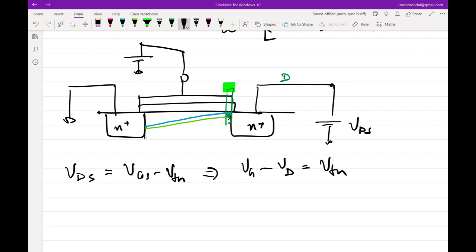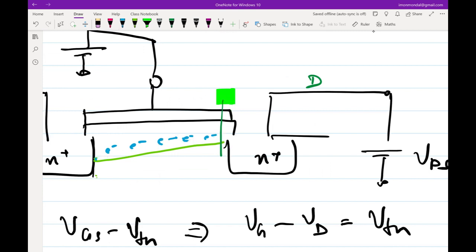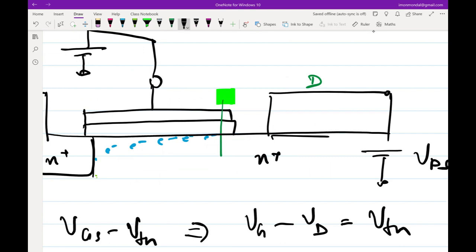But as it turns out, it's not, because note that here you have a lot of mobile charges. When you have the pinch off condition, what happens here? Here you have NA minus, because you have a depletion region underneath.